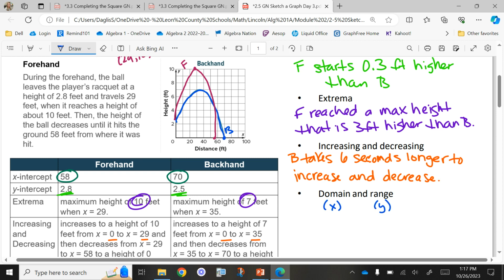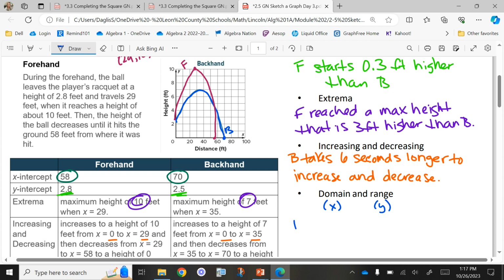So domain, if I look at my forehand, it went from 0 to 58 feet, right? And my backhand went from 0 to 70 feet. So which one had the larger domain? Backhand. The backhand had a larger range of X values, right?